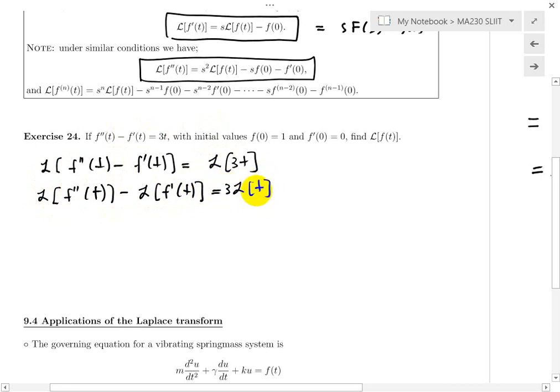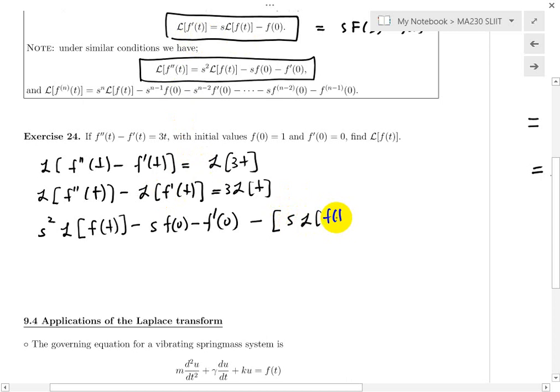For the second derivative, you have s squared times the Laplace transform of f(t) minus s f(0) minus f prime 0, then minus the Laplace transform of f prime t, which is s times the Laplace transform of f(t) minus f(0). Then 3 times the Laplace transform of t is 1 over s squared, so we have 1 over s squared here.